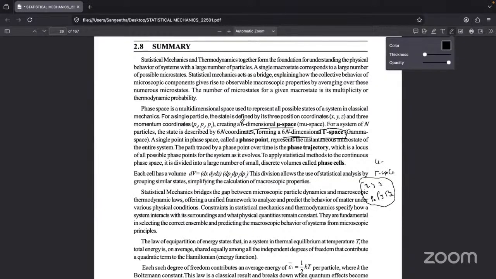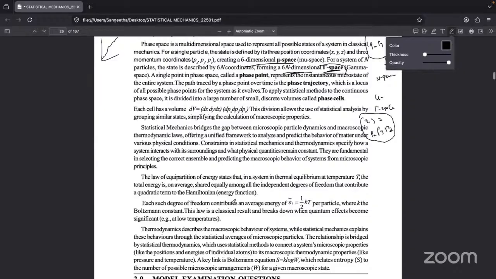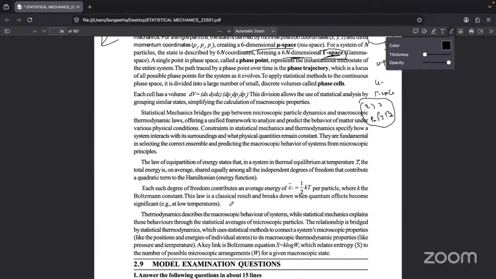We wrote this for only one particle, x, y, z, px, py, pz; this single particle space is mu space. Suppose I write the same thing for n number of particles, then we call it gamma space. If I take a phase space diagram, an individual cell is called a phase space point, and we will get some trajectory path.